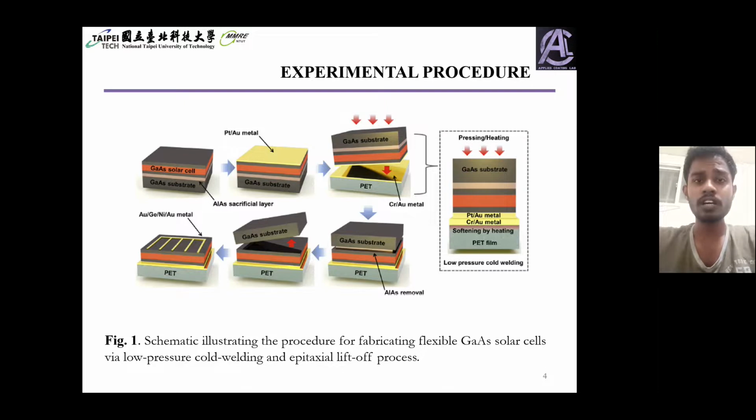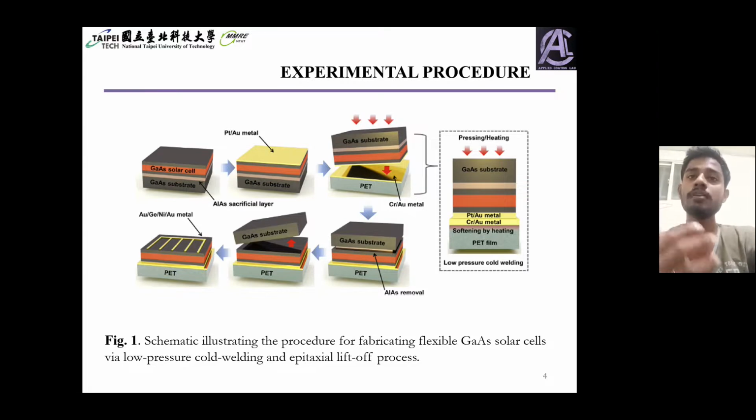experimental procedure. In figure 1, we can see the schematic diagram of the fabrication procedure for the flexible thin film gallium arsenide solar cell. Here they used the low pressure cold welding technique. The gallium arsenide solar cell was grown by molecular beam epitaxy on a gallium arsenide substrate, and it is also covered by a 15 nanometer thick aluminum arsenide sacrificial layer.